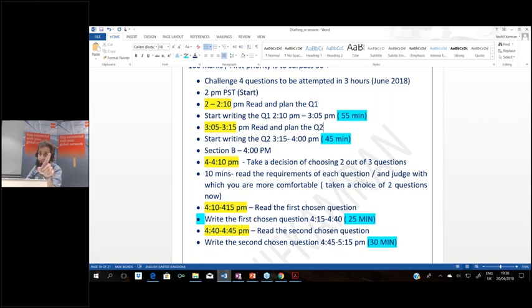I'm doing this technique for the last 10 minutes, right? When you think I am left with so much, and if I write it in paragraph, I'll not be able to complete it.